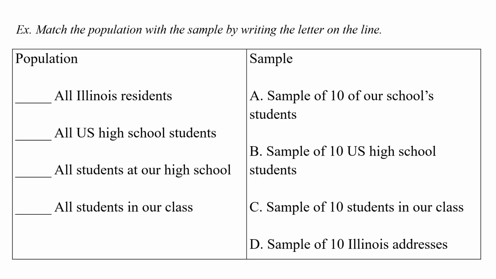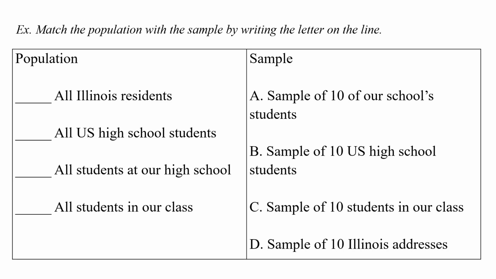Is a sample of 10 of our school students going to represent all Illinois residents? Well, if your school is not in Illinois, then it definitely won't. But would 10 students from our school represent all Illinois residents? That's probably not going to happen. That's not going to be a good representation of our whole population.